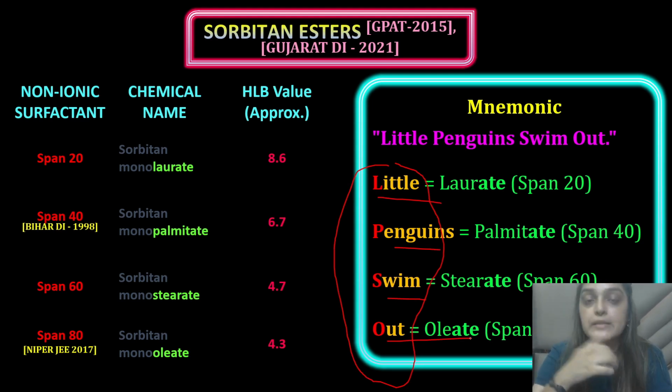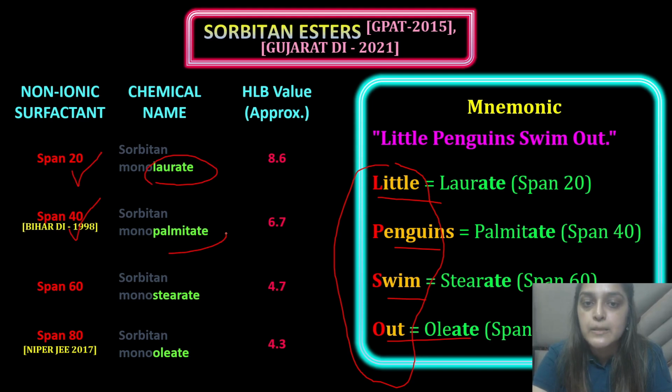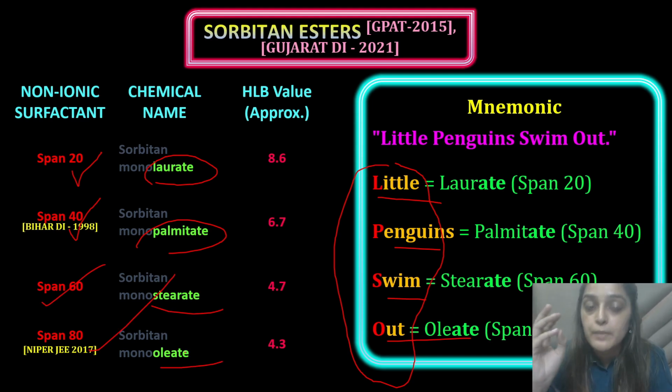This works for both SPANs and tweens. L stands for laurate, Span 20, then Span 40 is the palmitate, Span 60 is the stearate, and oleate is Span 80. So little penguins swim out: laurate, palmitate, stearate, and oleate.